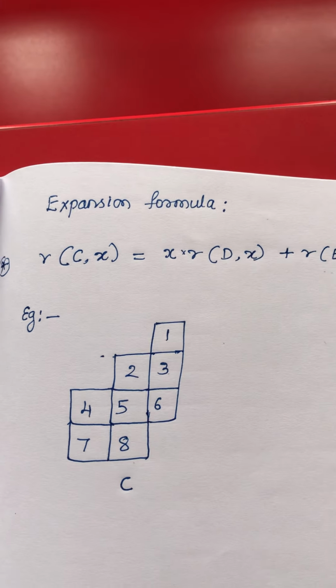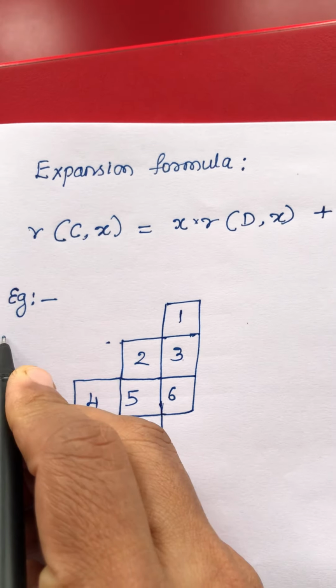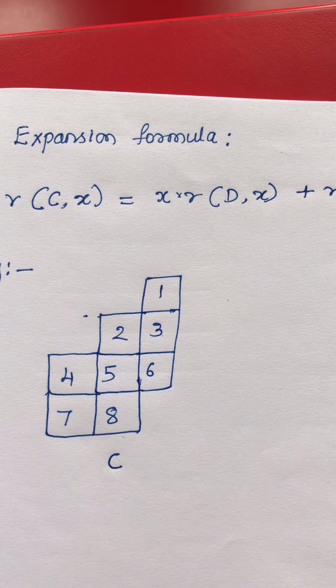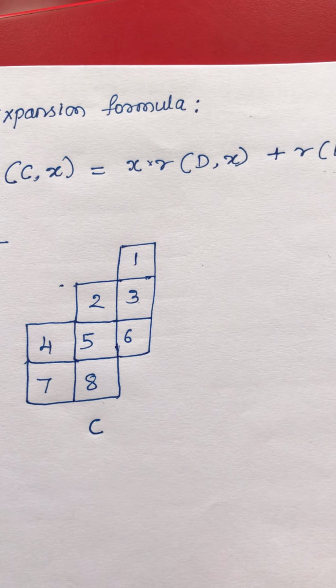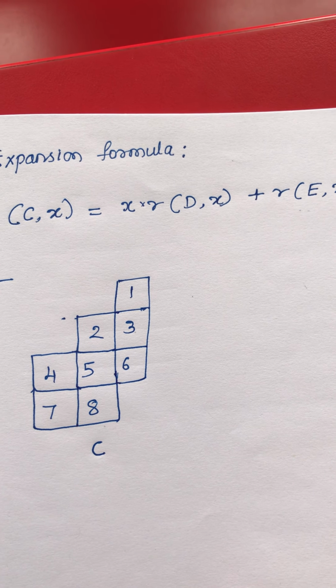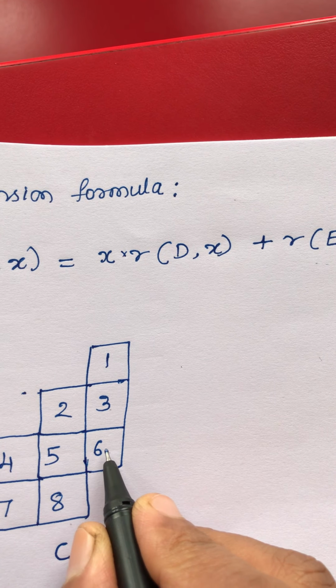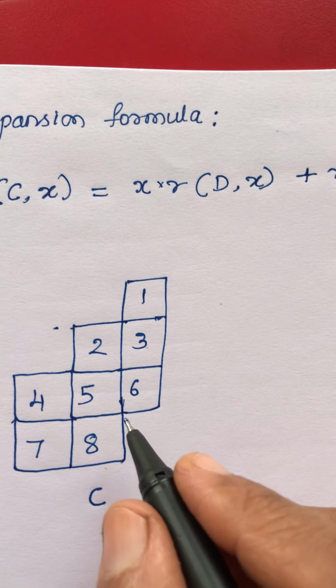Now we will see one problem. Find the root polynomial of this board C using the expansion formula. Now which one to choose as star? That's the question. I can choose any of these 8 squares.